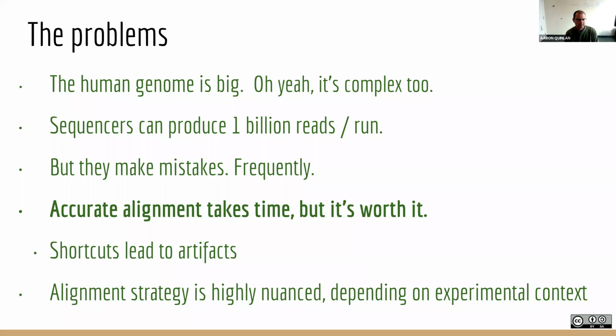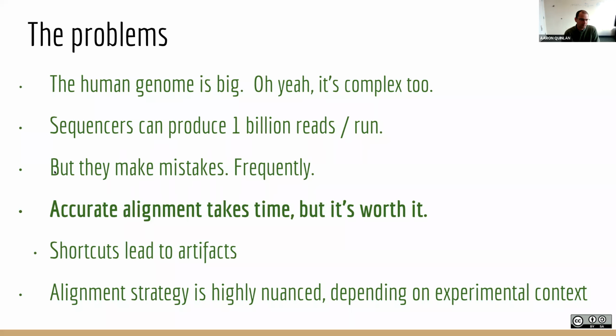In the context of precision medicine, if it takes weeks or months to align the data, it's not terribly clinically relevant if you're trying to find genetic variants, for instance, that might explain why an infant is sick. So we need to be able to do this fast in the face of the huge complexity of big, complex genomes like the human genome.